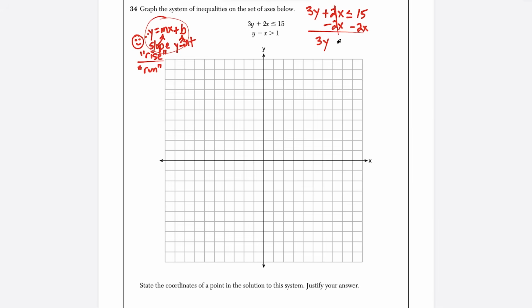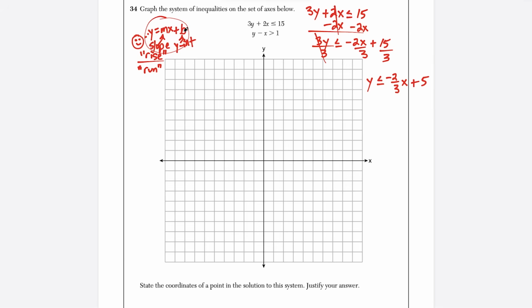I have 3y is now less than or equal to negative 2x plus 15. And now I'm dividing everything by 3. Okay, so everything here gets divided by 3. So my first inequality rearranged is going to be negative 2/3 x, and then plus 15 divided by 3 is 5.